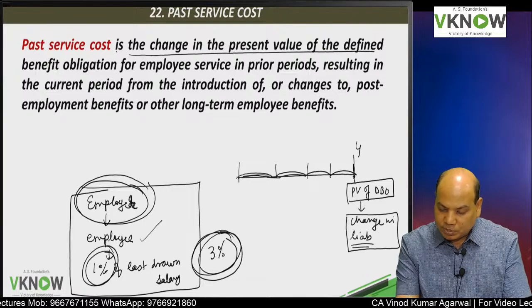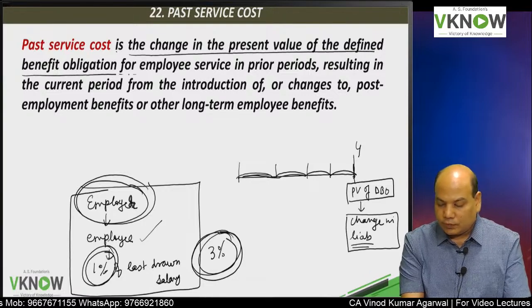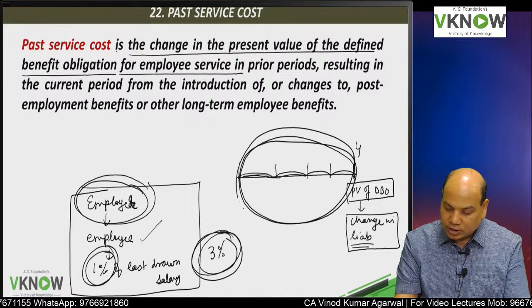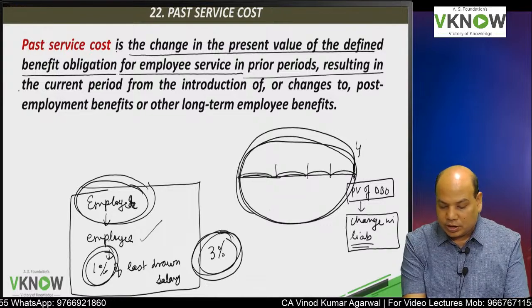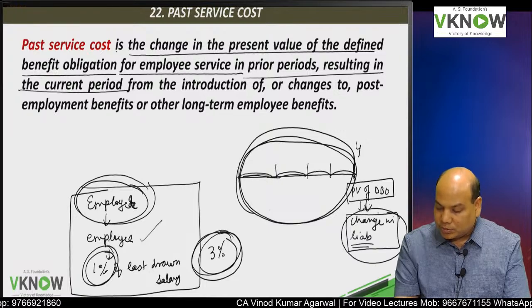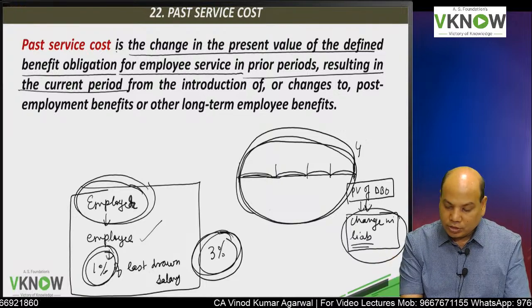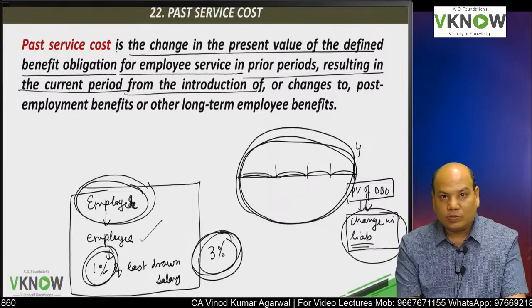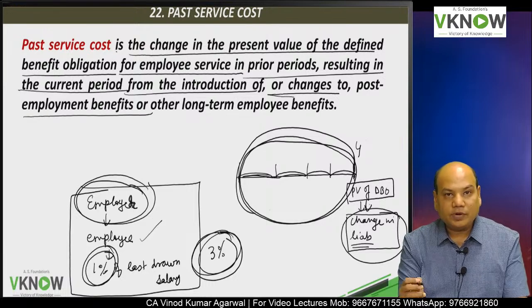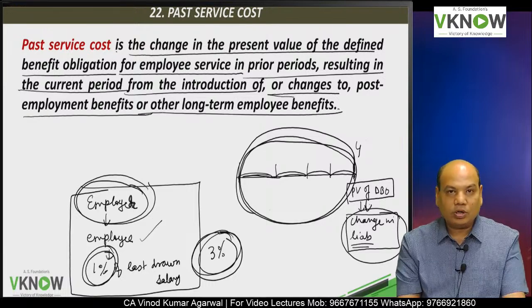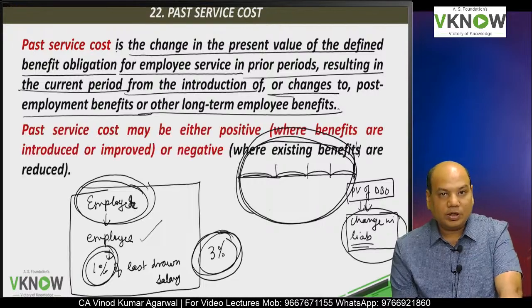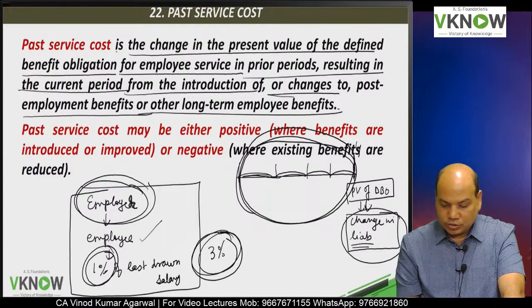It is the change in the present value of the DBO for employee service in prior periods, resulting in the current period from the introduction or change of a post-employment benefit plan or any other long-term employee benefit plan. So this additional liability is called past service cost.